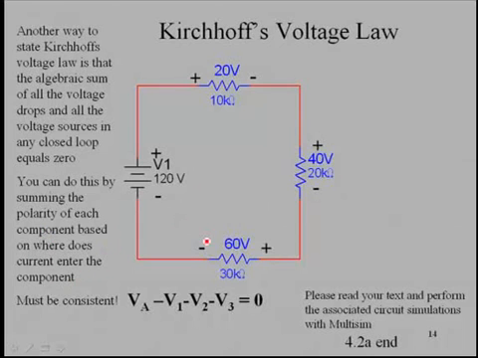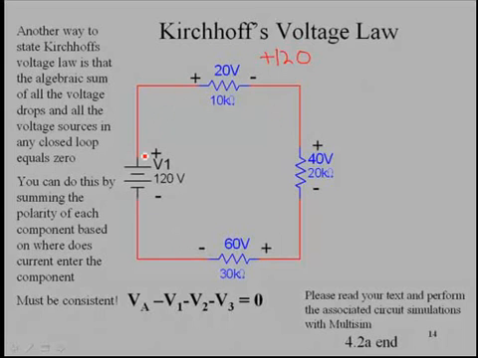And so if we look at this and we think, well, current is flowing in this direction, and we're going to evaluate the polarity based on where current enters that specific component. If we start at this point right here, the polarity where current enters the power supply is positive. So we start out with 120, and then we're going to sum, based on where current enters the component.